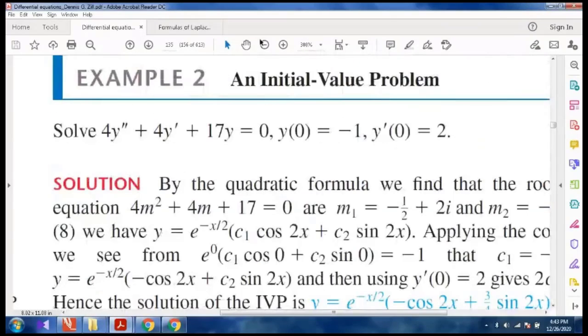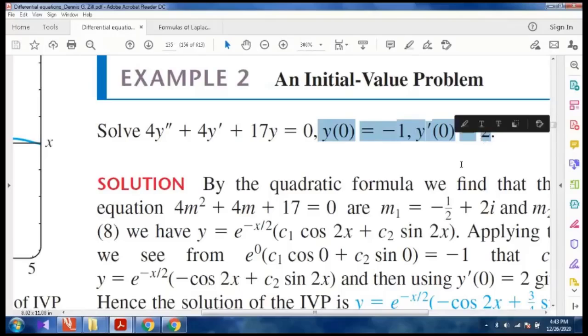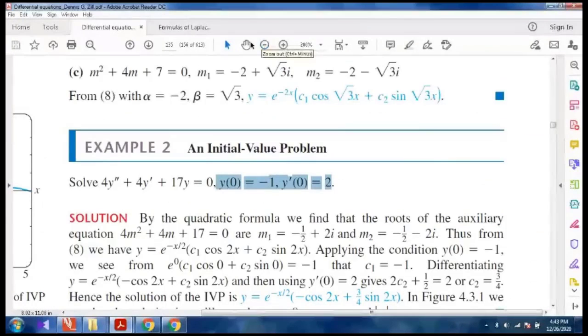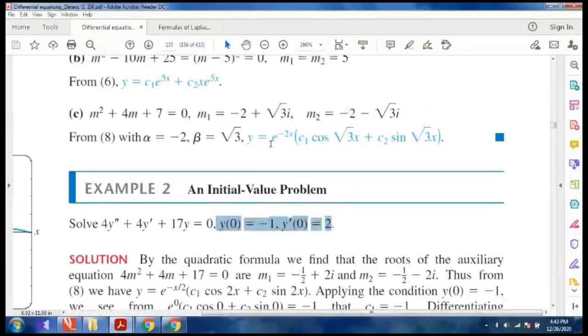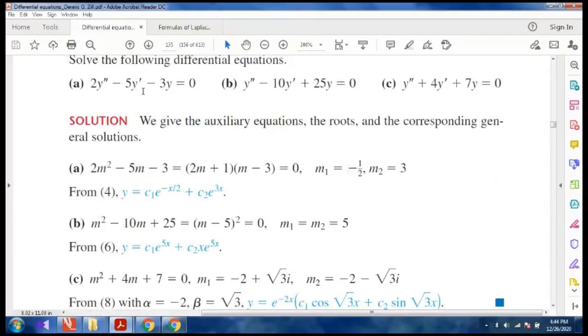So sometimes we may have a differential equation with initial conditions. And if we apply our previous concept, then we can easily solve this one. So my question is, can we solve these equations by using Laplace and inverse Laplace transform?